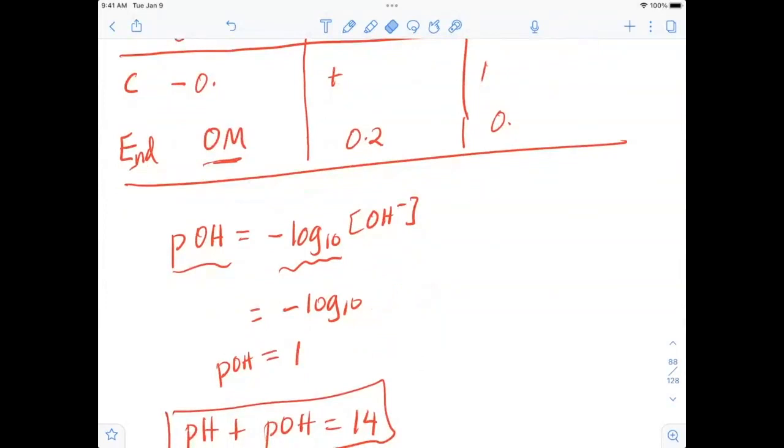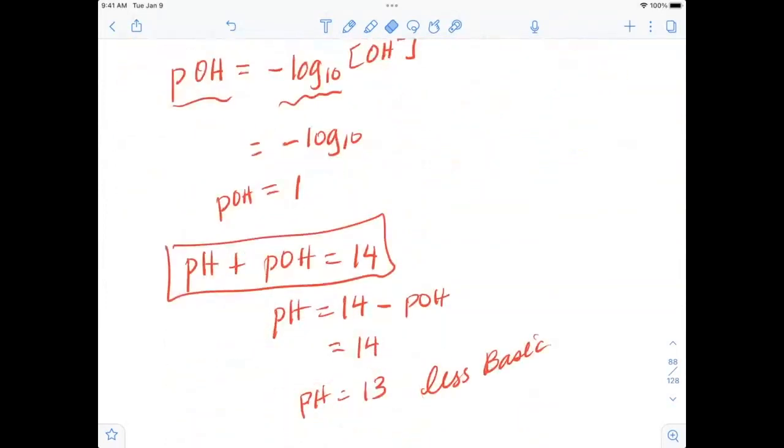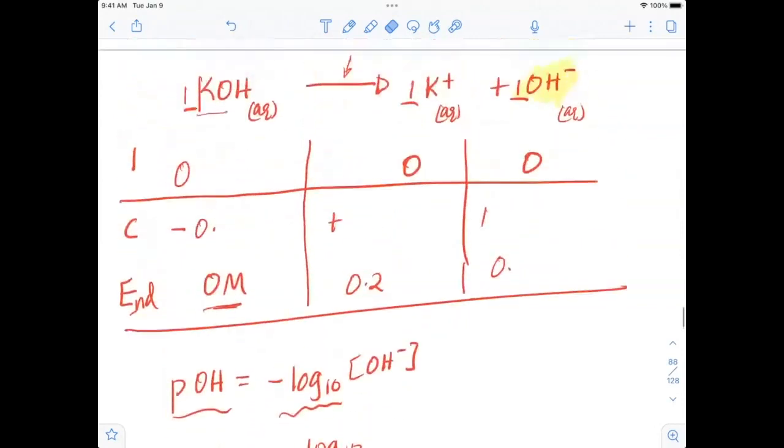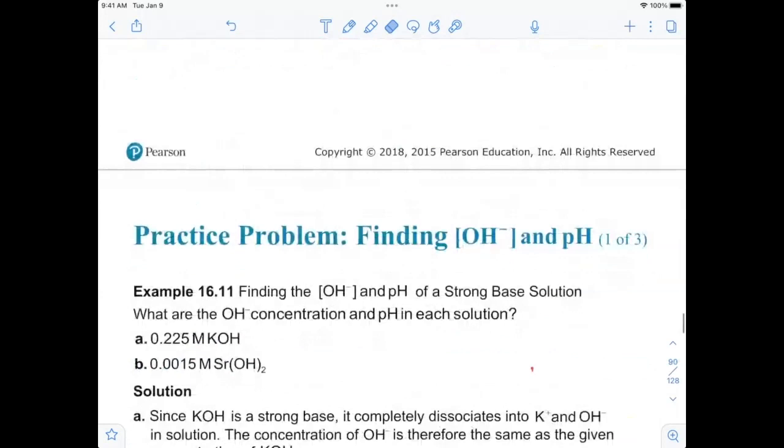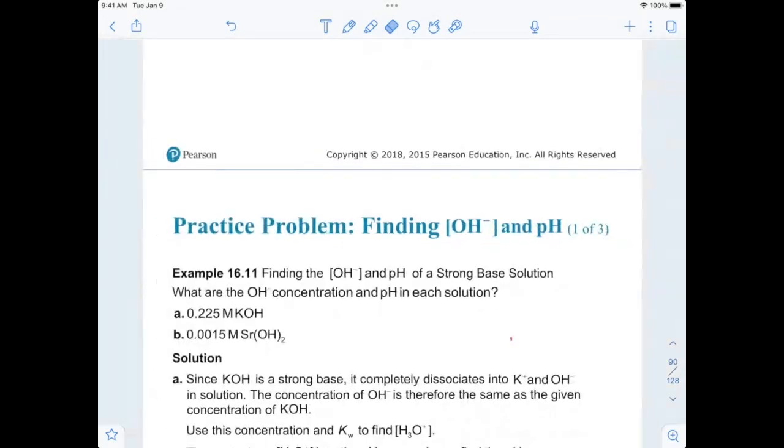Okay, I need to erase all of this. So what is the question really asking us? It's saying here, find the OH ion and then the pH of a strong base solution. What are the OH ion concentrations and the pH in each solution? Oh, I'm realizing that this is not good. You know what? Let me X out of here.